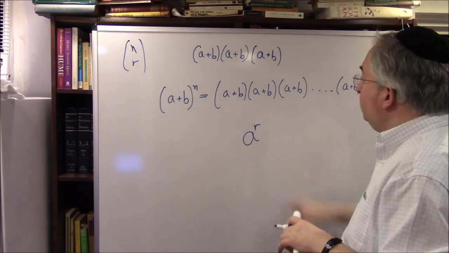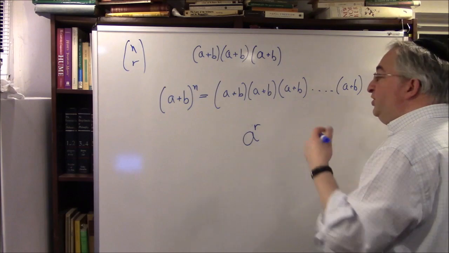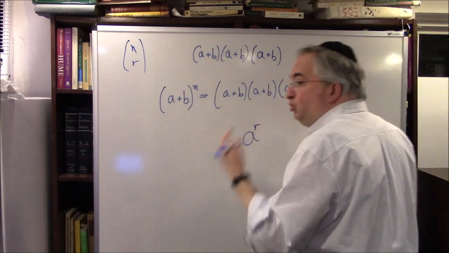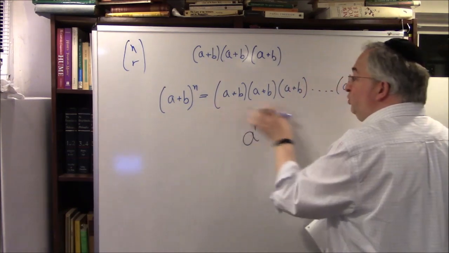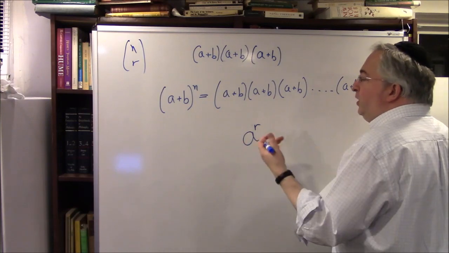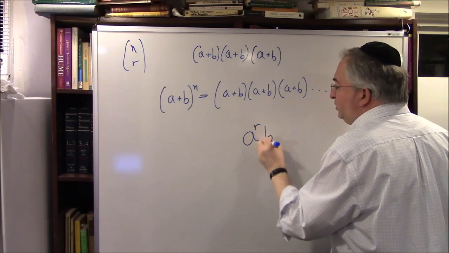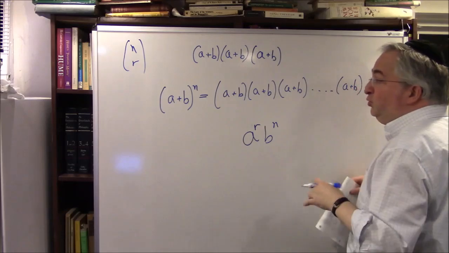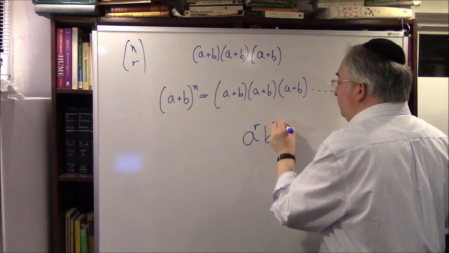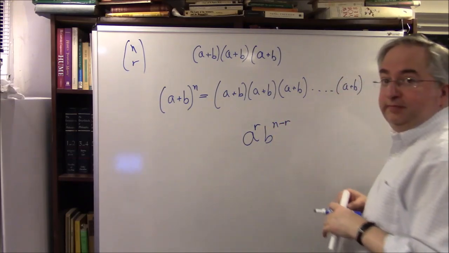The other times, when you don't choose the A's, you're going to choose B. And how many times do you not choose A? Answer: n minus r times.